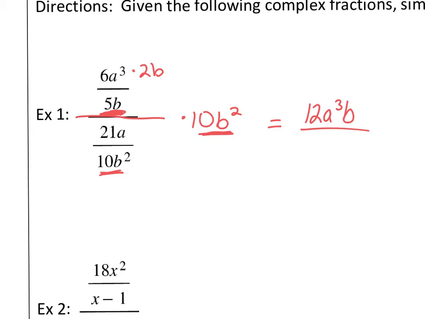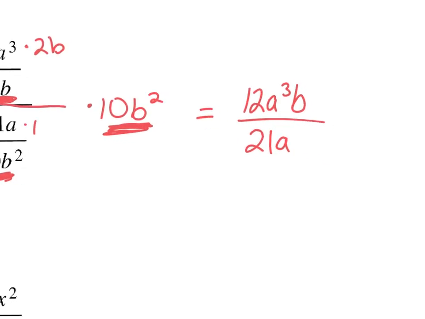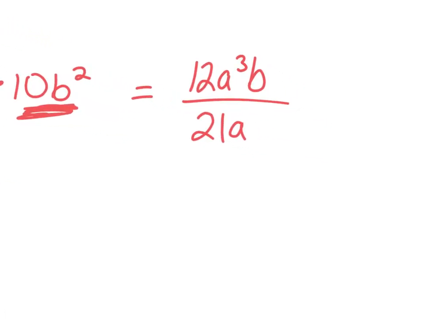Now we go to the denominator. So 10b squared divided by 10b squared, what is that? Just 1. So I'm just multiplying by 1, which I don't necessarily have to write, because 21a times 1 is just 21a. Now that's a lot simpler to simplify, right? We'll start with the coefficients. 12 over 21, what's the number that will go into both? 3.